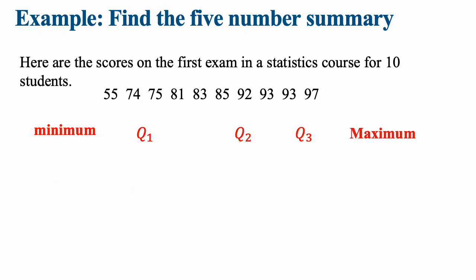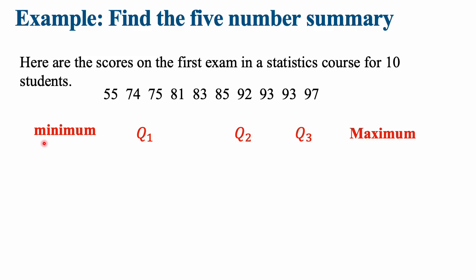Now let's find the 5-number summary. Here are the test scores on the first exam in the statistics course for 10 students. So here is a data set, guys. The lowest is 55, the largest is 97.